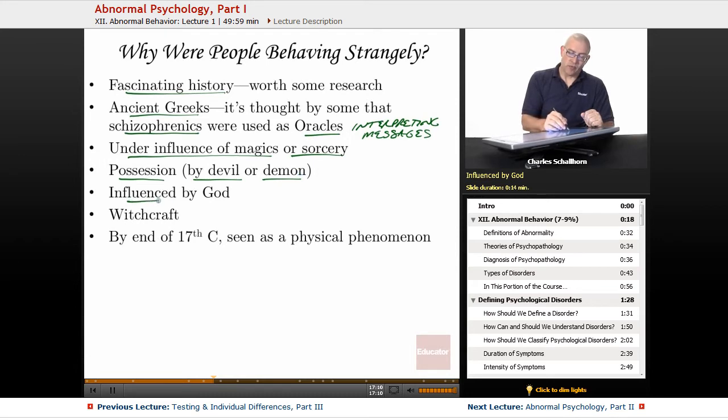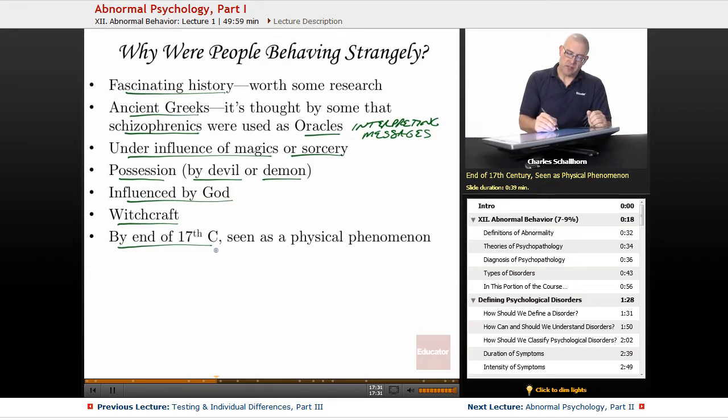Some people believe that we are influenced by God to do what we do, and that's why a person is acting in a way that is maladaptive, that is creating personal distress, that is so far outside the realm of statistical normality. We believed for a long time that witchcraft was the cause of people behaving strangely.